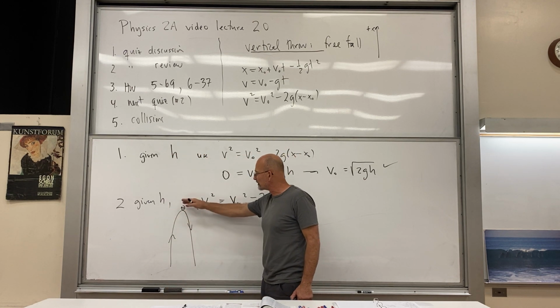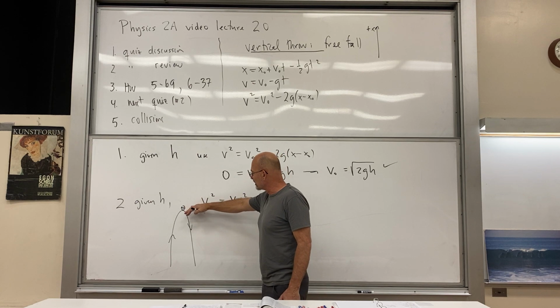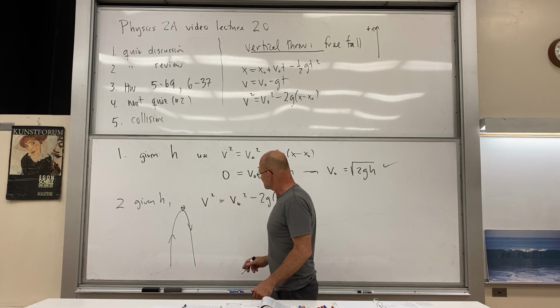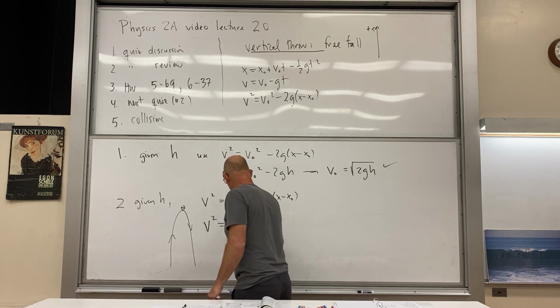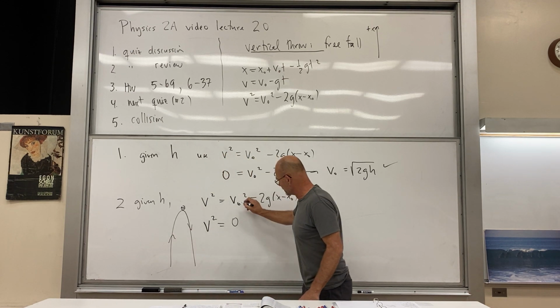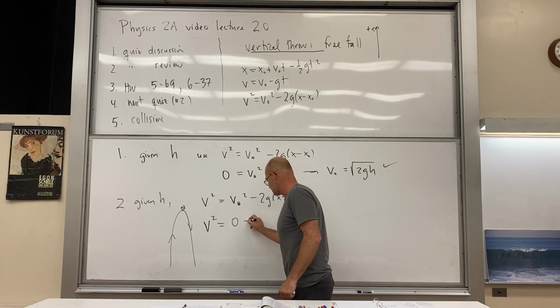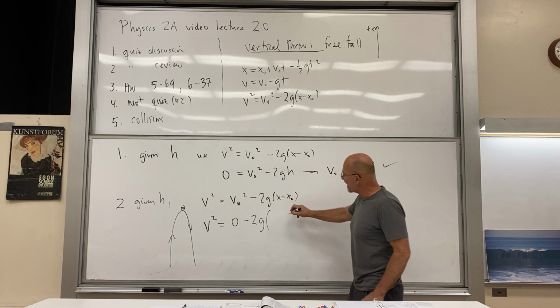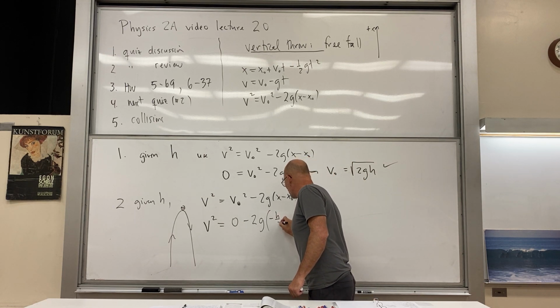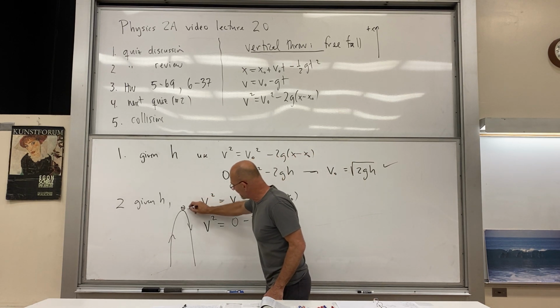It comes to a stop, and let that be your initial point. Then you have v squared equals 0, because you're releasing it from rest, minus 2g, and your x minus x naught is negative 1/2 the height, because you've gone from here down to there.